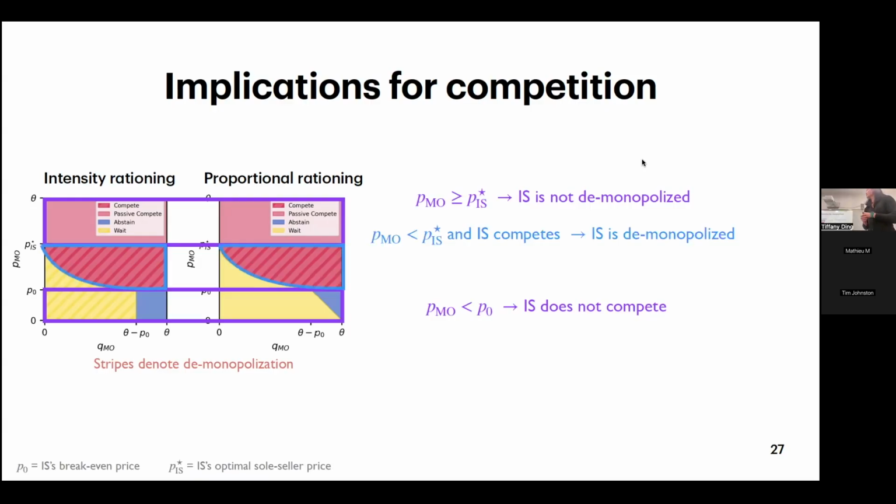But in this middle region, when the marketplace operator sets a price below P star, and the independent seller best responds by competing, then the independent seller is demonopolized. And also under intensity rationing, we see that the independent seller is demonopolized when they wait.